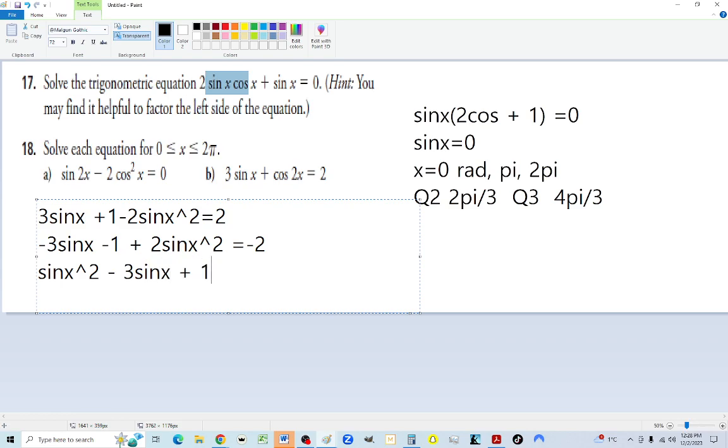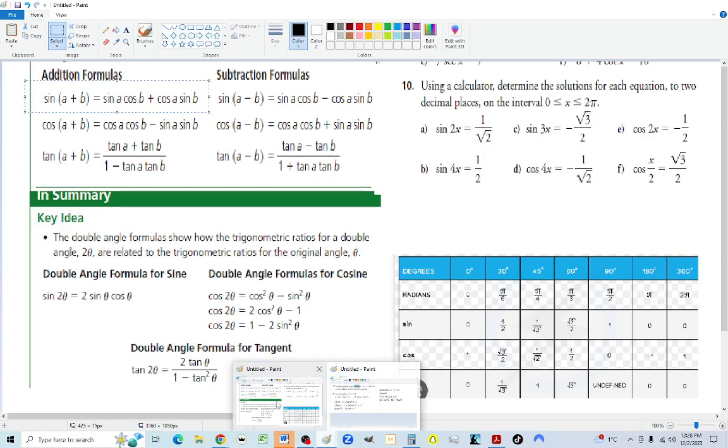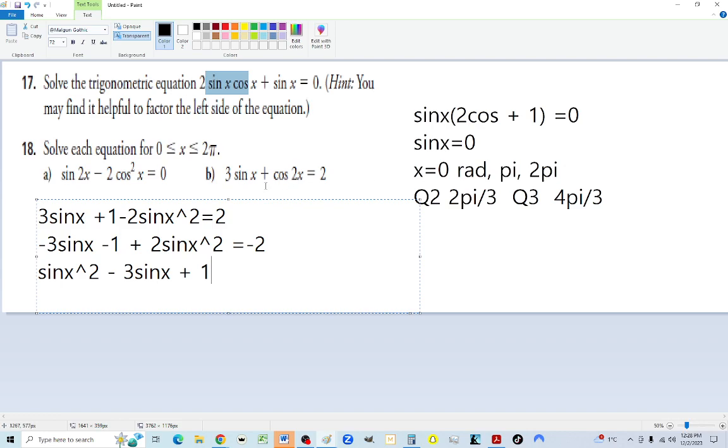Let's just make sure I got that right. So you got 3 sine x, and cos 2x is the same as 1 minus 2 sine squared. Okay, so another way to do it. Just so I didn't make any mistakes, let's bring the 2 sine x squared to the right, bring the 1 to the right, and bring the 3 sine x to the right.